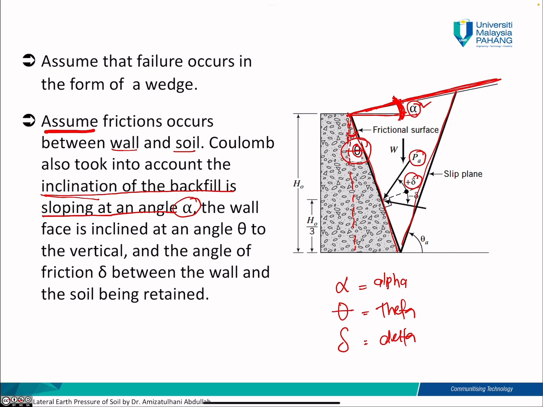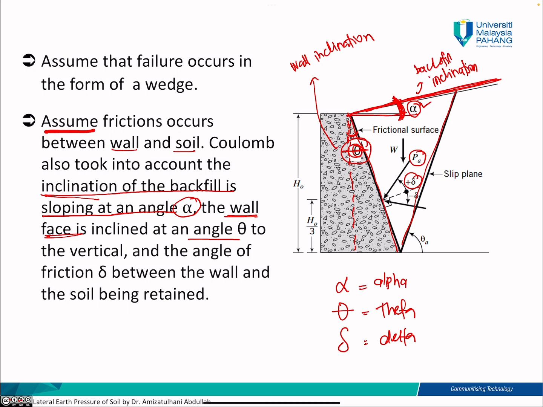The wall face is inclined at angle theta. So ini wall, retaining wall, bukan tanah tu, bukan backfill. So wall punya inclination. Theta here is the wall inclination. Tadi alpha adalah backfill inclination.